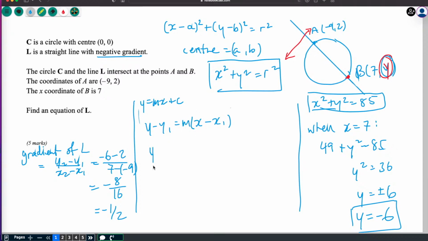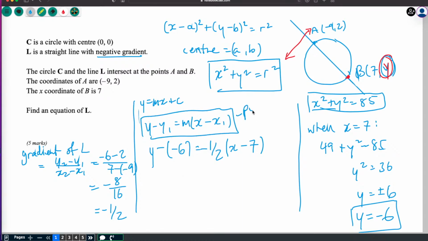So then we can say, using either point, I'll use (7, -6). So y1 there is negative 6. The gradient is negative a half. And then x1 is the x coordinate of that point, so 7. Then you just simplify and that gives you the equation. So this is again the point gradient form of a straight line.